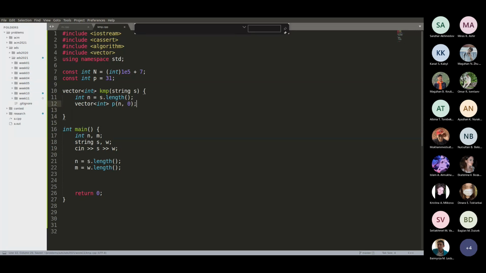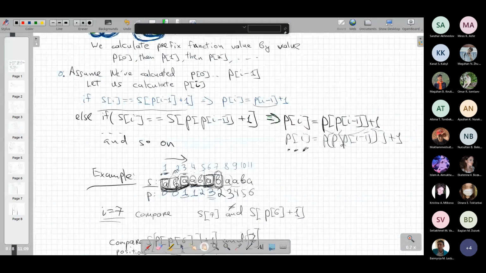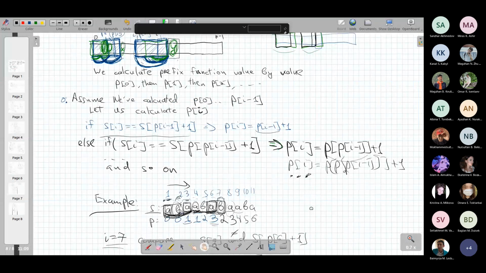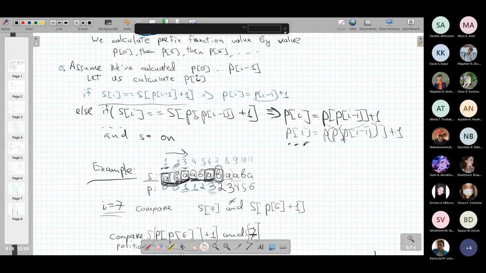All right. Then what we do? So I explained you zero index based implementation, one index based actually. So here we should modify it in the following way.